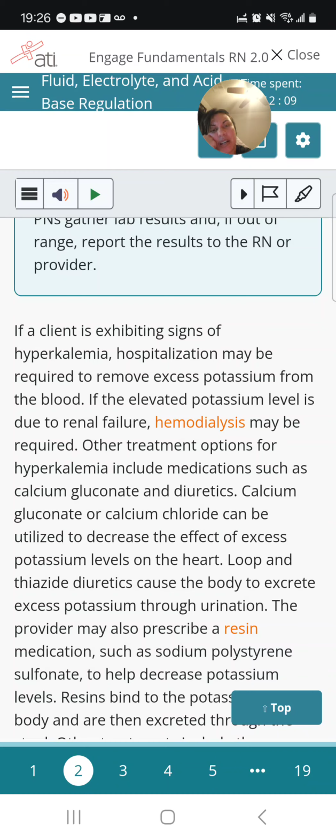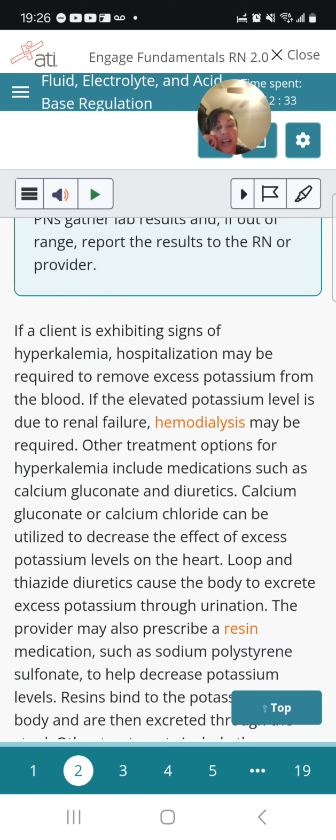If the elevated potassium level is due to renal failure, hemodialysis may be required. Other treatment options for hyperkalemia include medications such as calcium gluconate and diuretics. Calcium gluconate or calcium chloride can be utilized to decrease the effects of excess potassium levels on the heart.